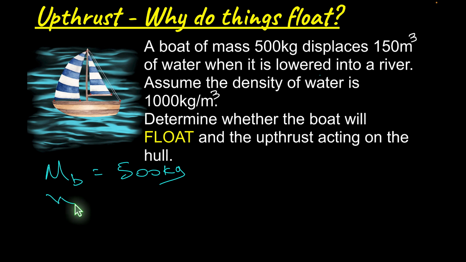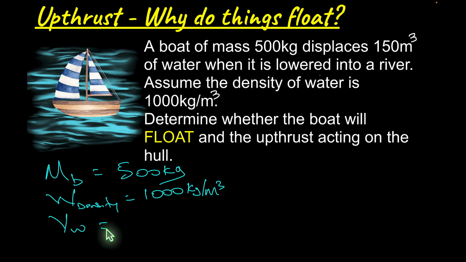So water, W, and that's the density, which is 1000 kg per meter cube. Now, we also have the volume of the displaced water. So V for volume and W for displaced water. So that was 150 meters cube. And that's everything.